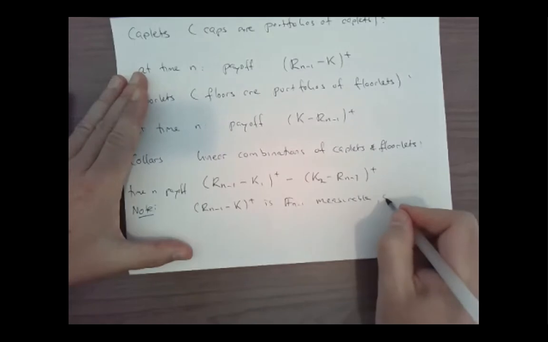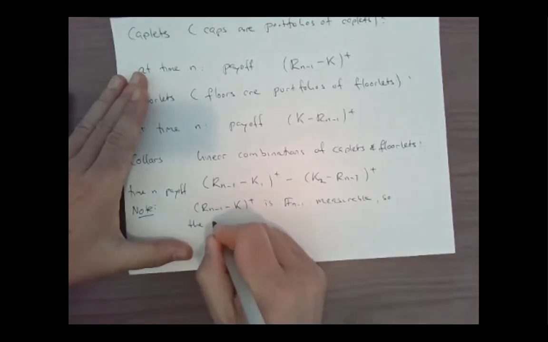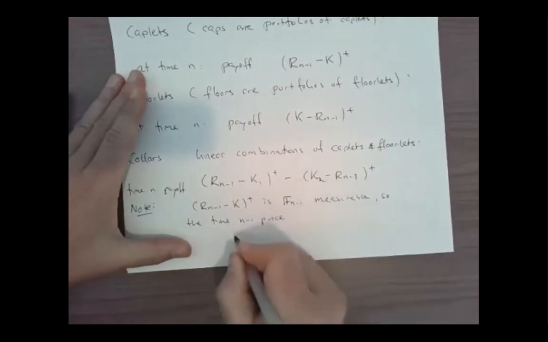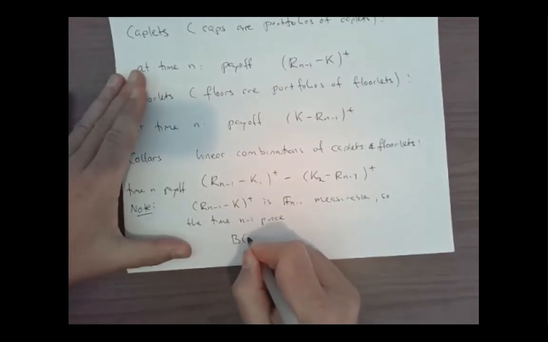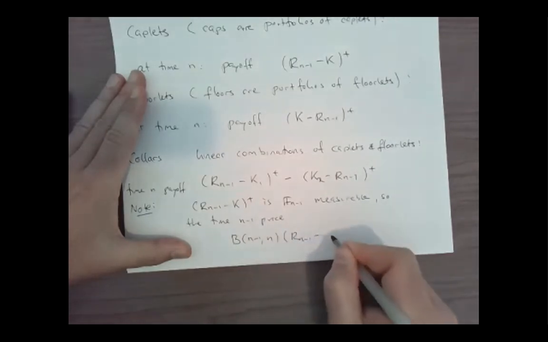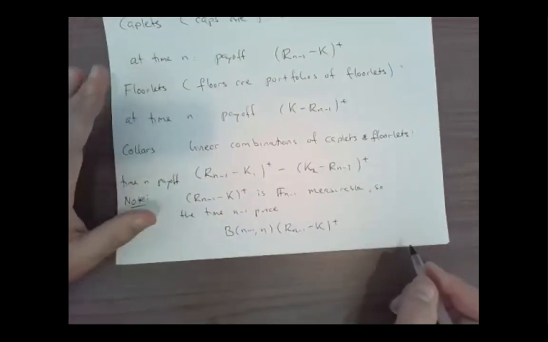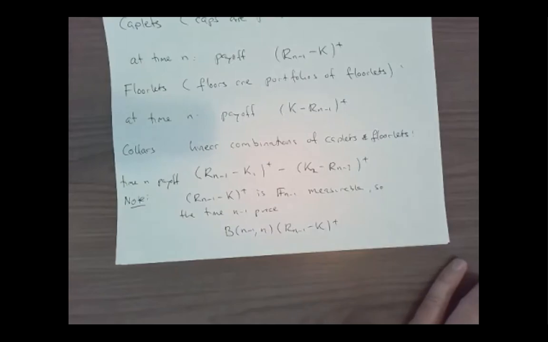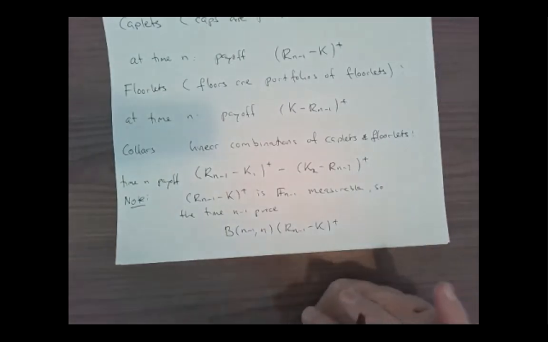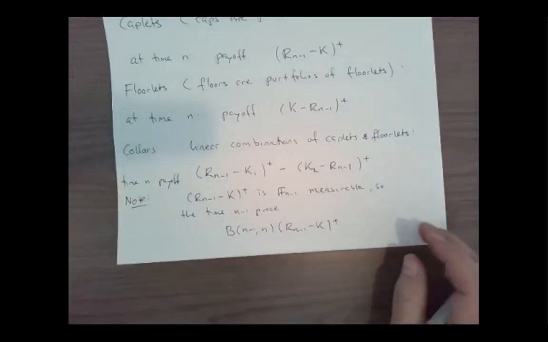So the time n minus 1 price is B_{n-1}(n) times R_{n-1} minus K, positive part. And then you discount this back to time 0.